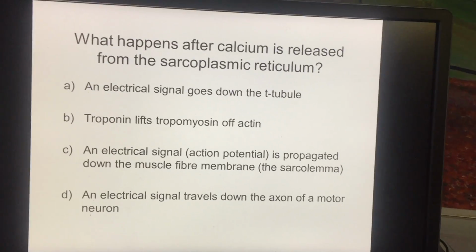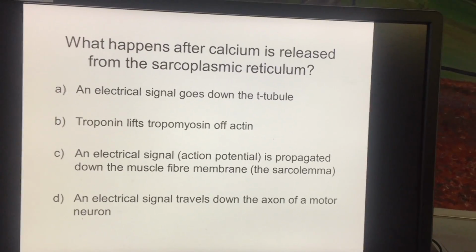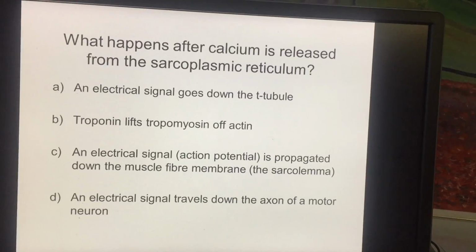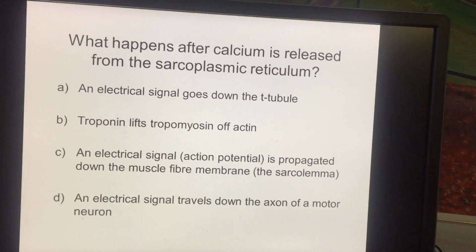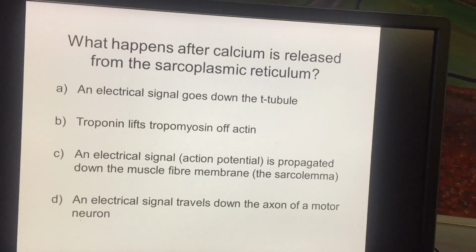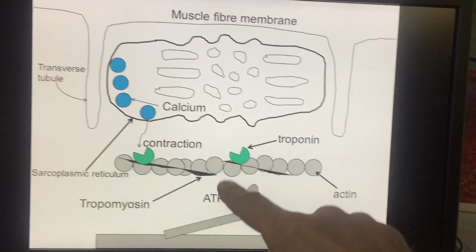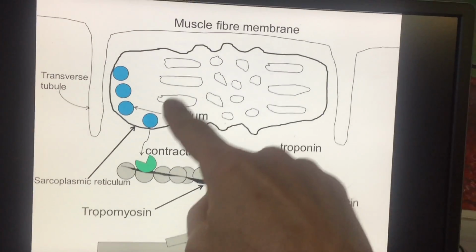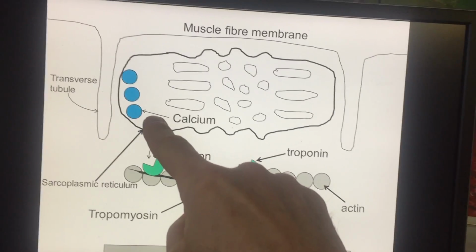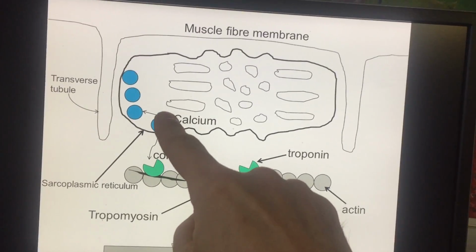What happens after calcium is released from the sarcoplasmic reticulum? The correct answer to this question is B: troponin lifts tropomyosin off actin. You can see over here, calcium is released from the sarcoplasmic reticulum. This is all during contraction.